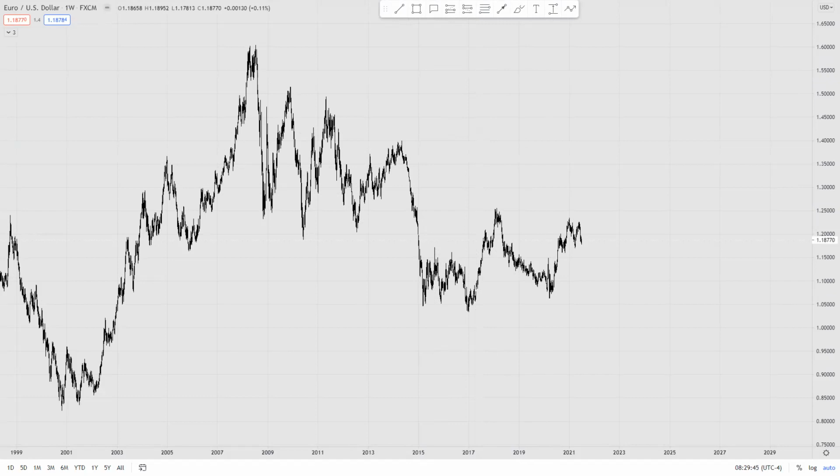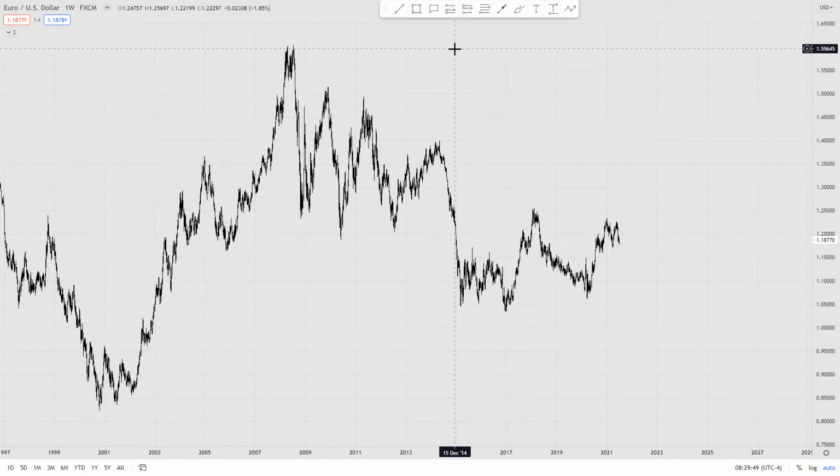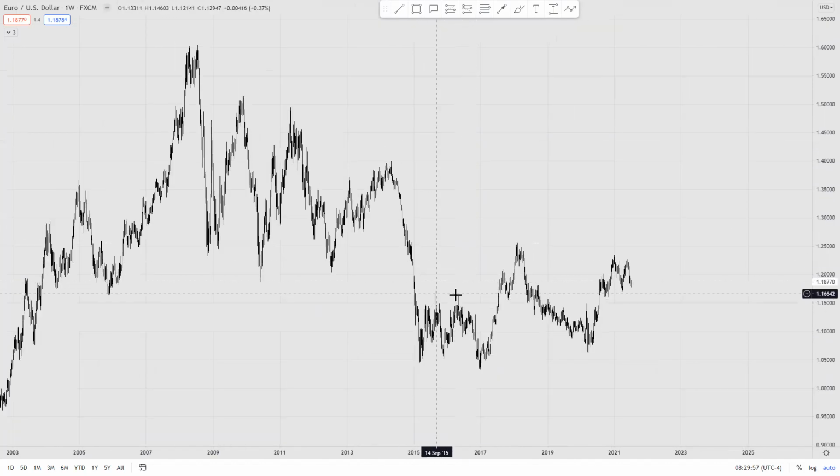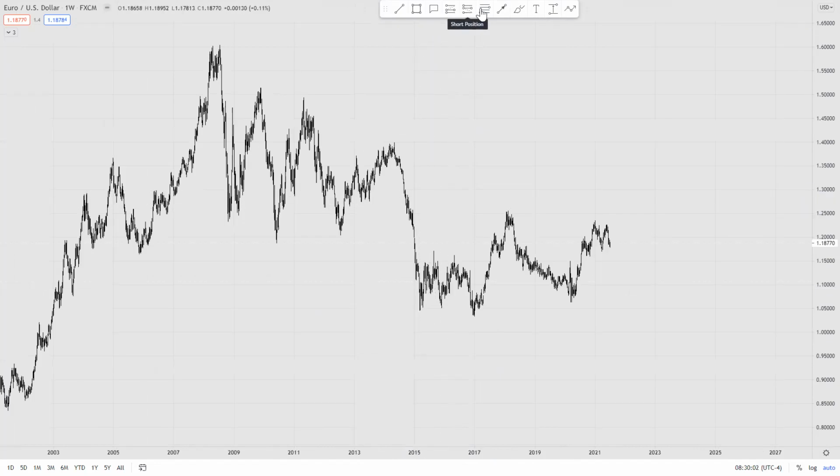If you're looking at it like this, I can see we broke this, but we didn't break from here. I'll say the range is from here down to here.